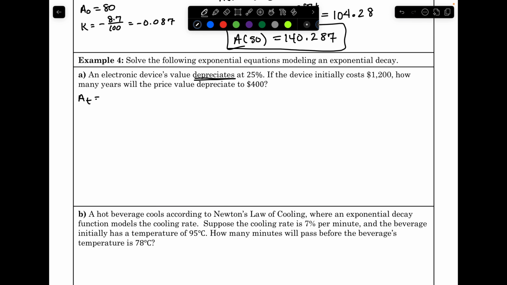A of t equals a sub 0 e to the kt. We know that our initial value is $1,200. Our k is going to be negative 25%, which as a decimal is negative 0.25. And that makes the model this.